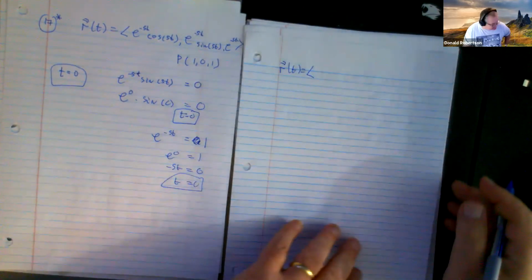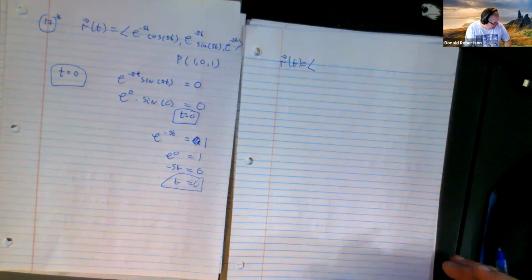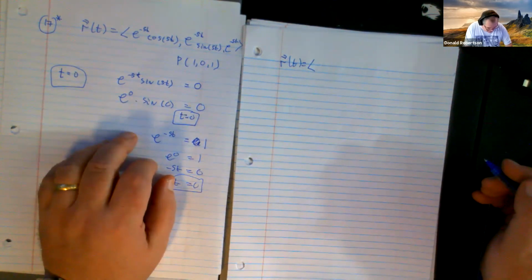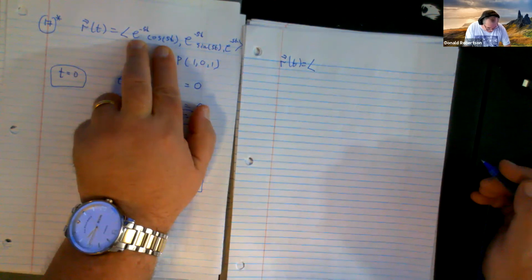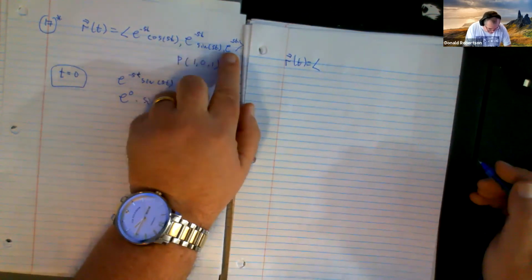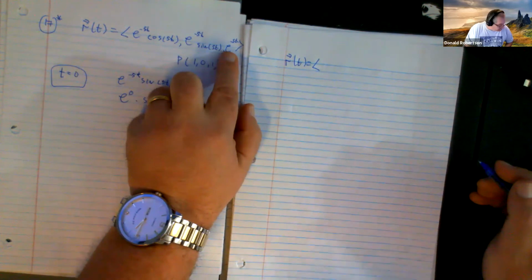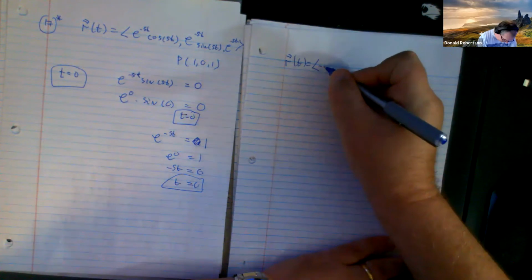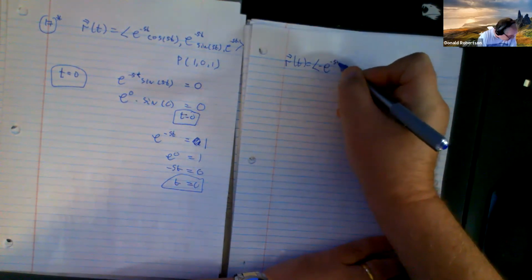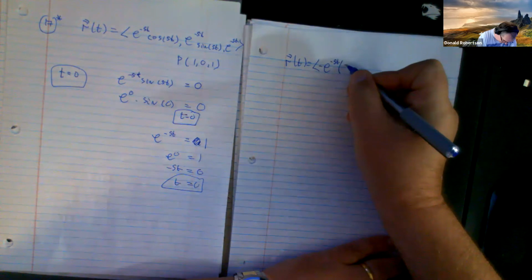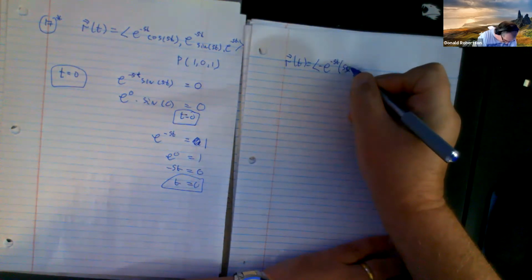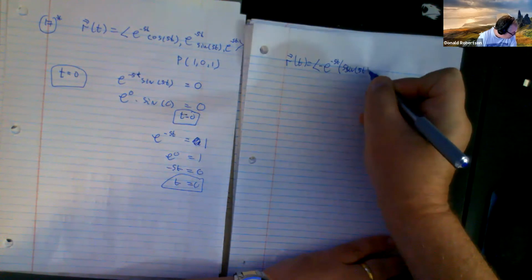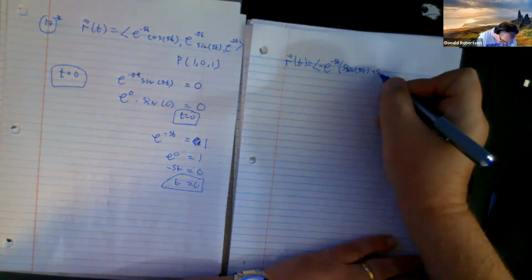Now, finding r prime of t is a pain in the butt. Won't you have to do a product rule? Won't you have to do a slightly different product rule, including chain rules? And won't you have to do a product rule? And I am going to cheat because I don't want to do this. It's e to the negative 5t, 5 sine 5t plus 5 cosine 5t.